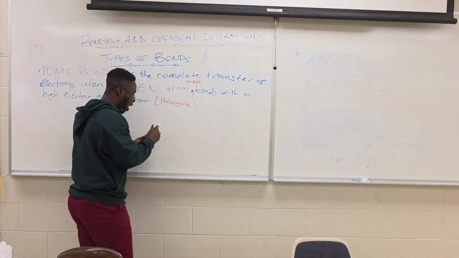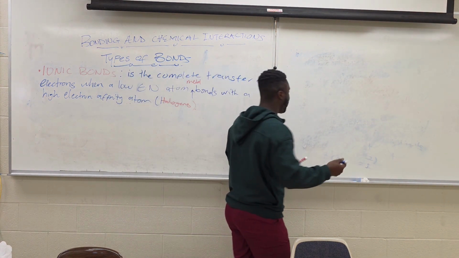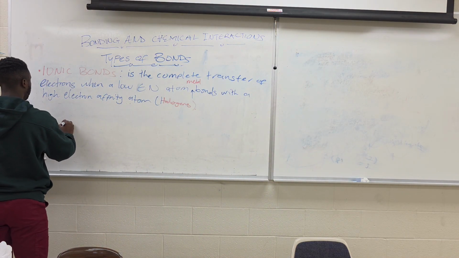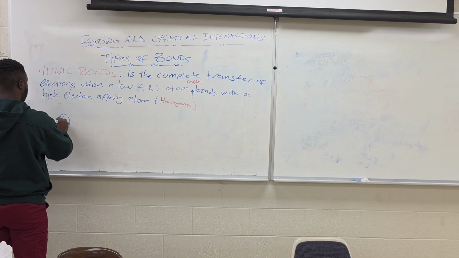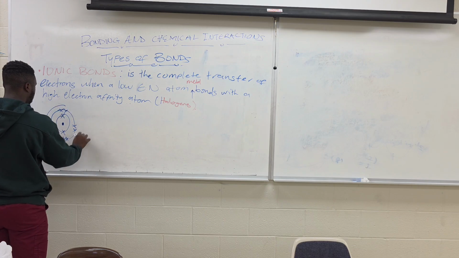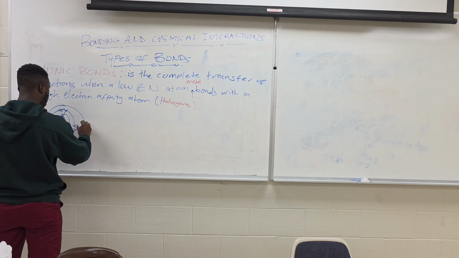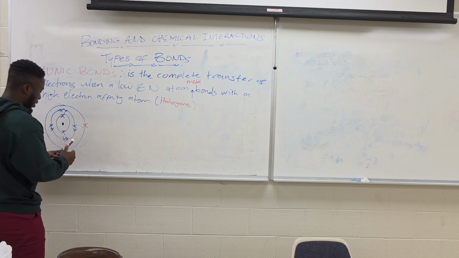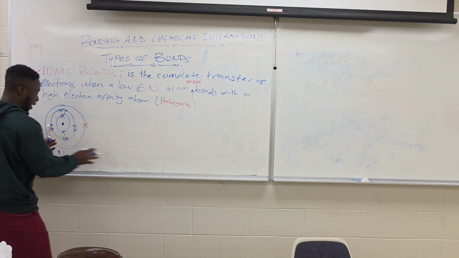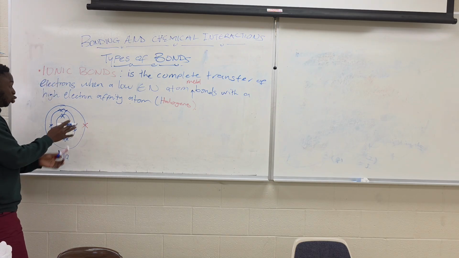Now, when these are formed, let's say we have an atom here, like let's say sodium. Sodium is the 11th, so 1, 2, 3, 4, 5, 6, 7, 8, 9, 10, and then we have one over here, 11. This is a neutral sodium atom.